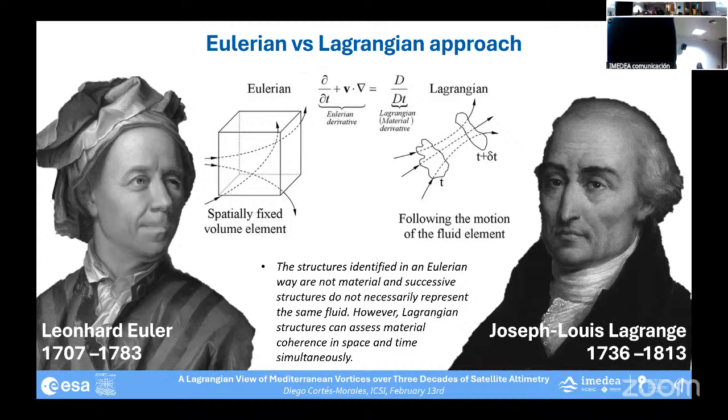And then we have the Lagrangian perspective, where we must follow this water parcel, this water mass, through time, and we observe how the properties of this water mass are changing. So yeah, equations. Math is scary sometimes.